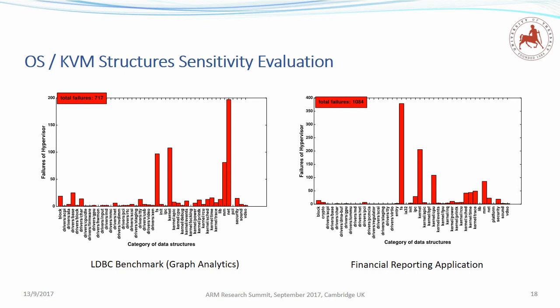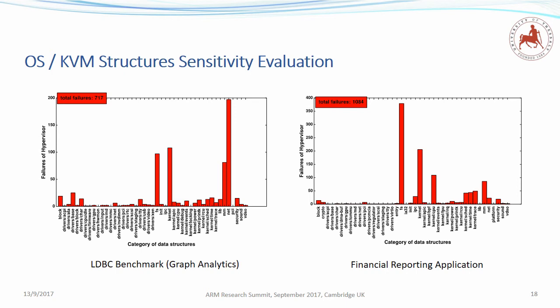So what we did is that we performed several thousands of fault injection experiments to different data structures in the Linux code. And we measured the times those injections result in crashes. Here on the vertical axis is the number of failures. The horizontal axis corresponds to different parts, different modules of the system.